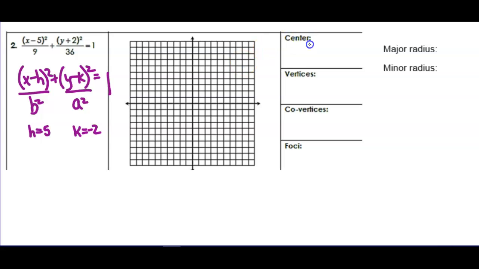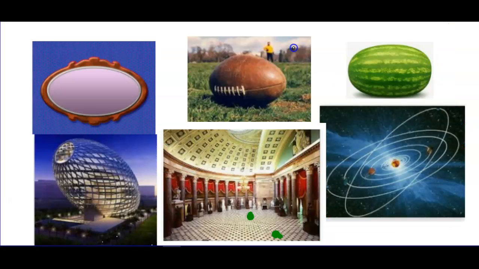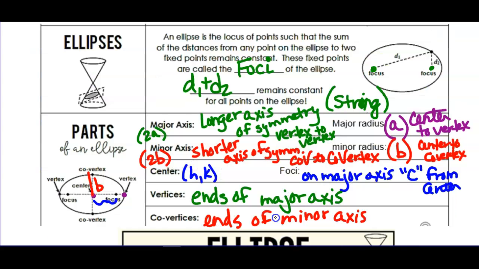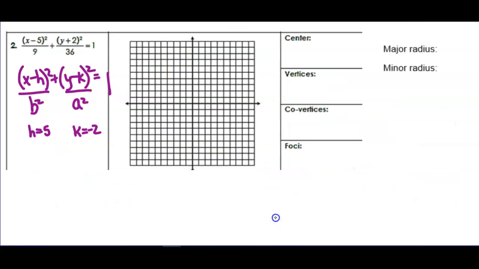So the center, if you look on this reference sheet, it says the center is always at H, K for either one. Okay, just follow the recipes right on here if you're not good with the concepts. So the center is at 5, -2.